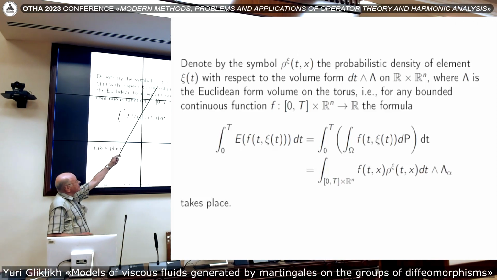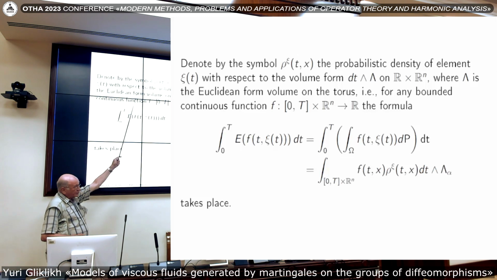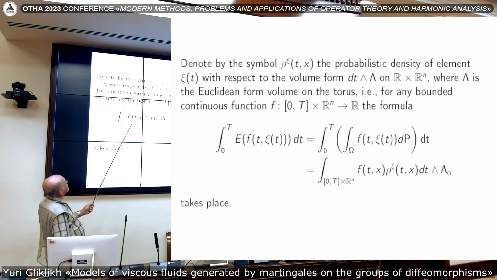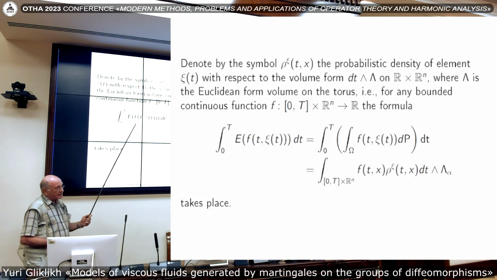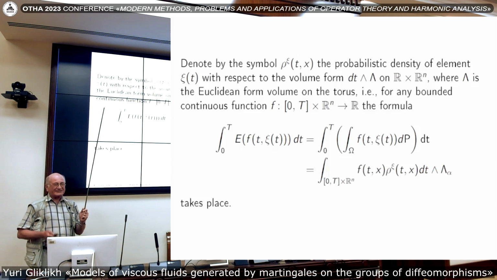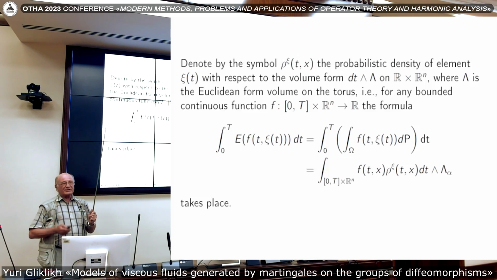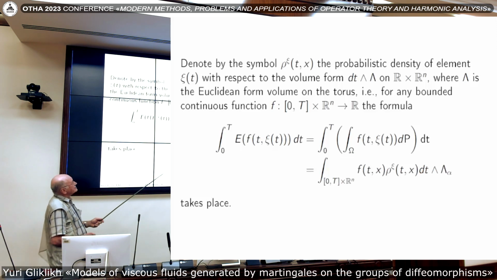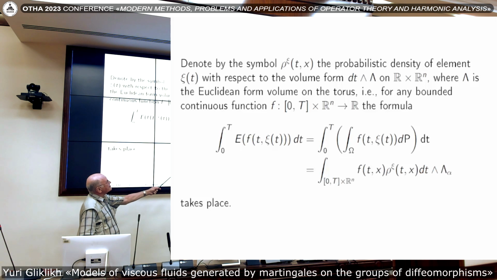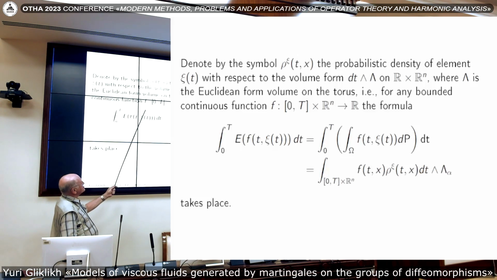Rho is the density of our process, and for any bounded continuous function f, you see its expectation and its integral. I shall say it from the very beginning: everything we consider on a finite time interval, from 0 to capital T. And this is the description of this expectation through the density.